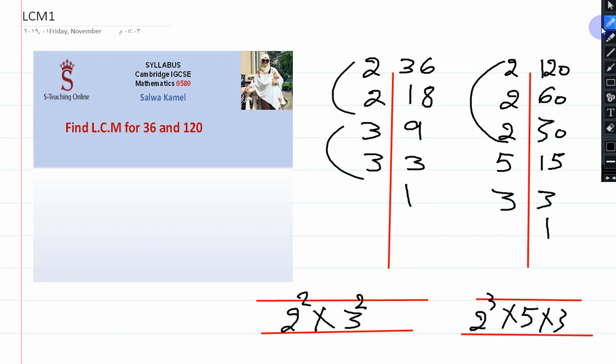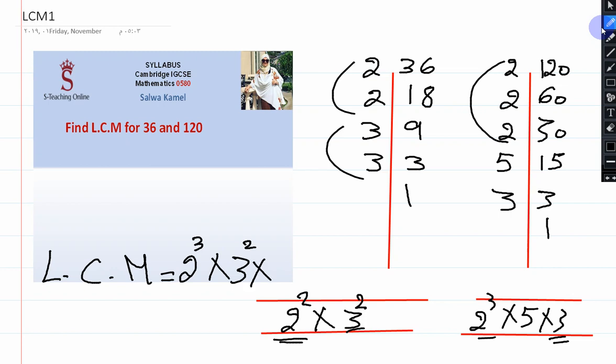Now if I want to find the lowest common multiple, I'm going to take all the factors but with the highest power. I have 2 to the power 2 and 2 to the power 3 here, so I will take 2 to the power 3. And I have 3 to the power 2 and 3 to the power 1, so I will take 3 to the power 2.